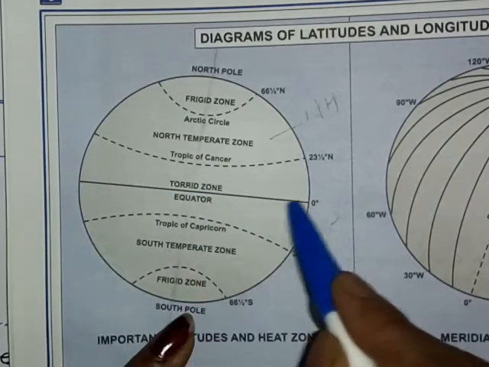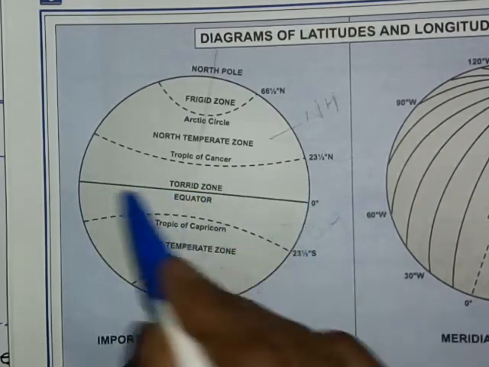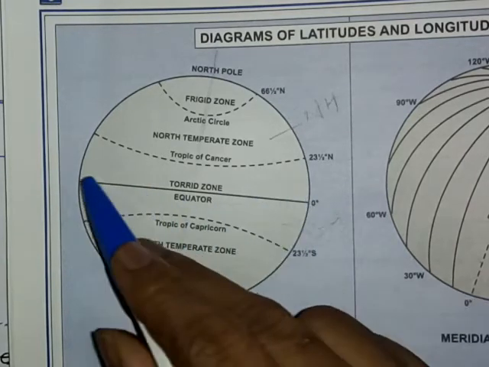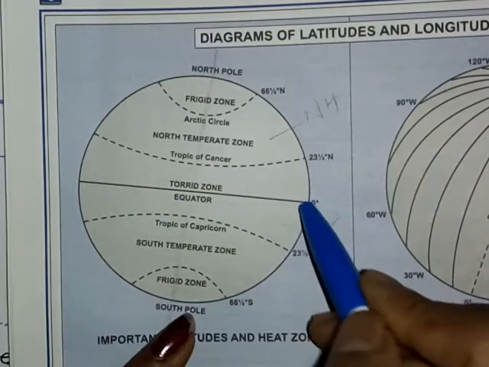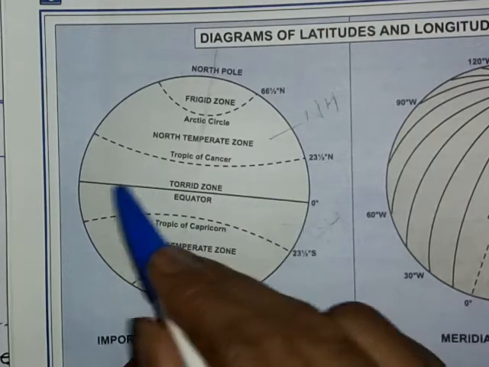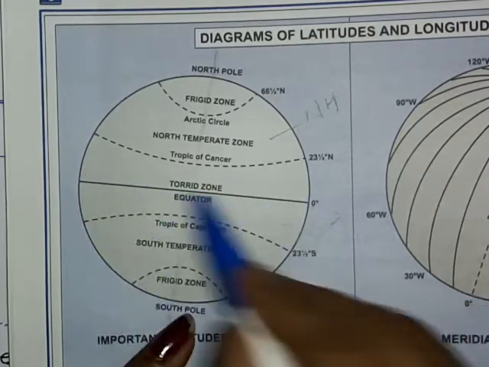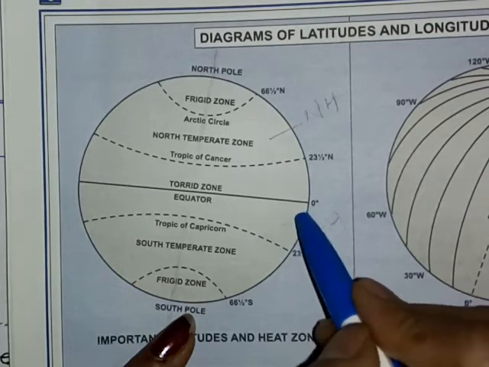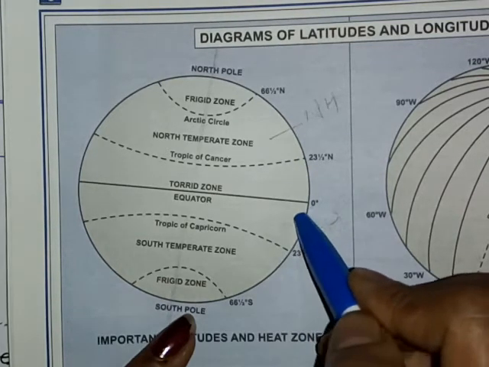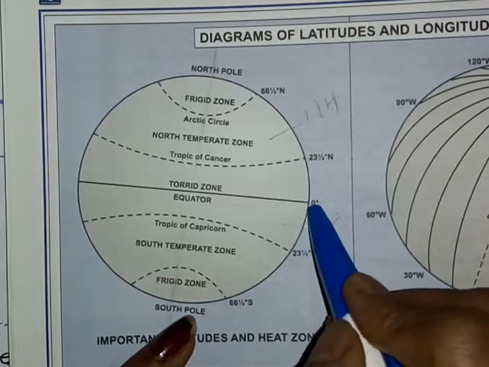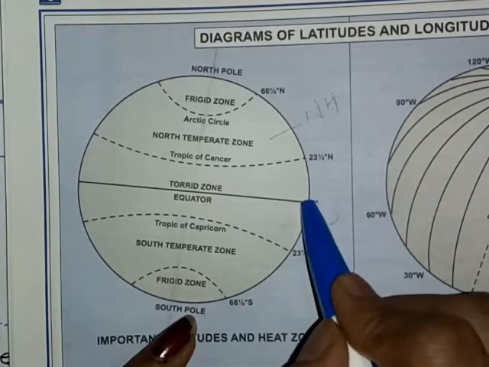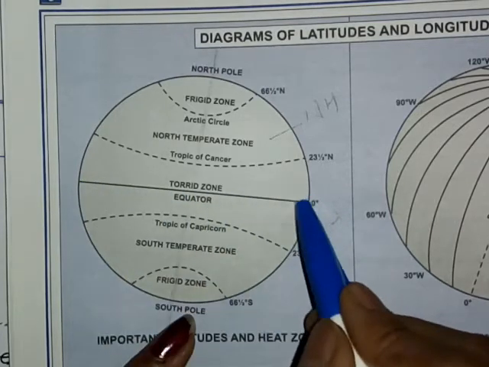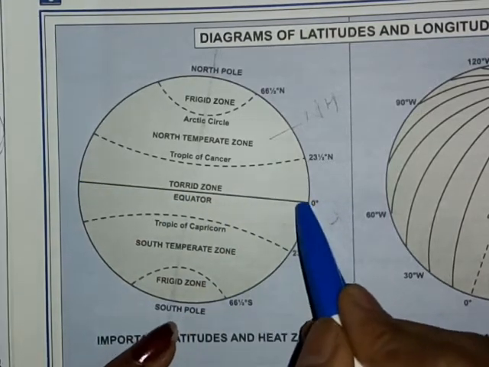What is the distance of this equator? This is the largest latitude, the longest latitude we can say. The equator is the longest latitude and its distance is longest of these other latitudes. So its distance is 40,075.16 kilometers. That is the distance of this equator, the 0 degree latitude.